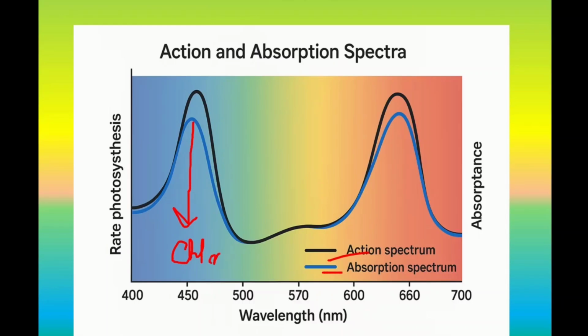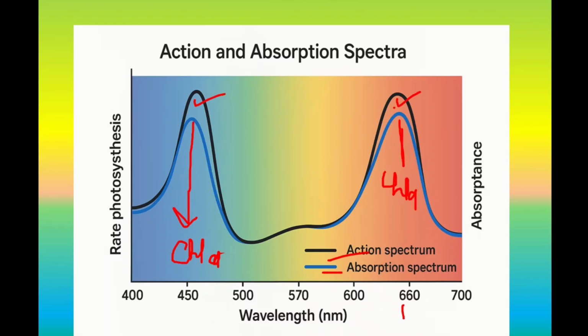So you know chlorophyll A is active at 450 and chlorophyll A is also active at 660. And the action spectrum is also higher at 450 and 660. That means even the photosynthetic rate is higher in the same range, that is in the blue and red light.